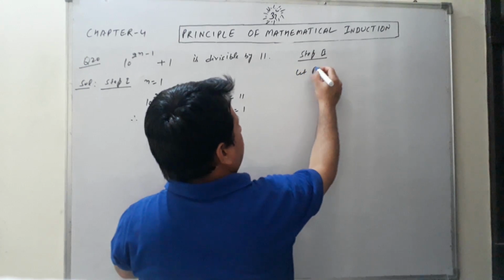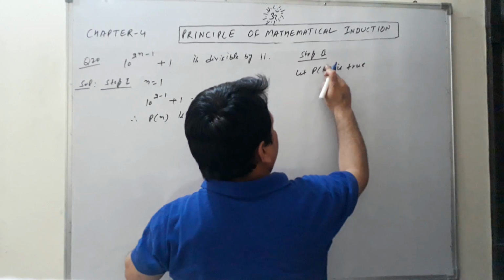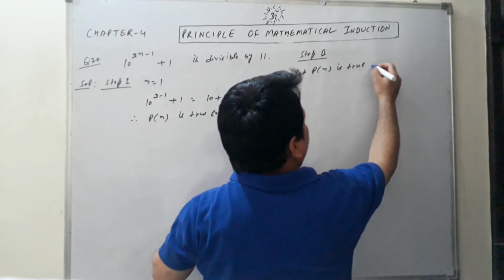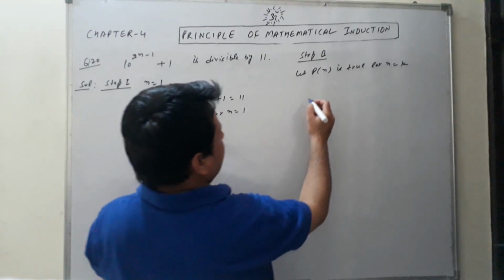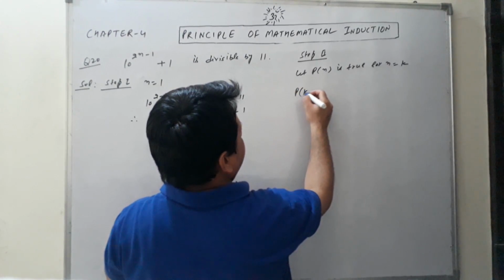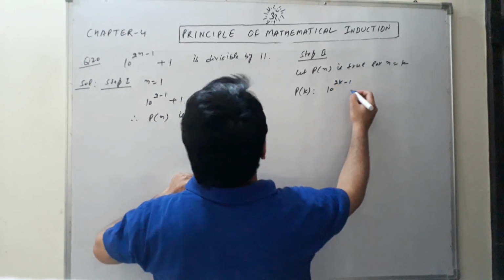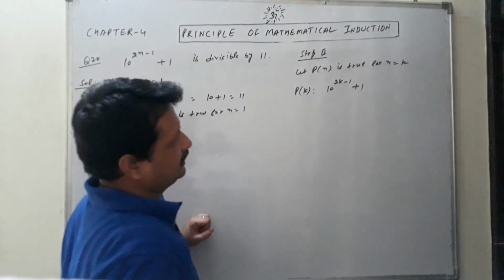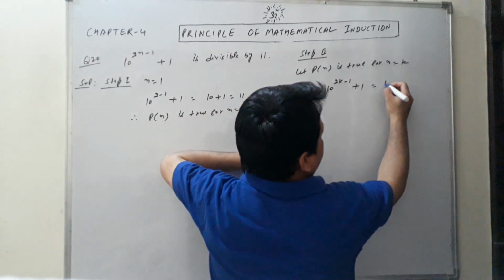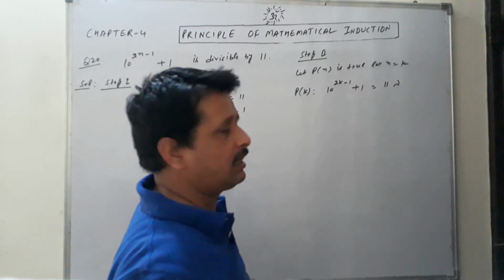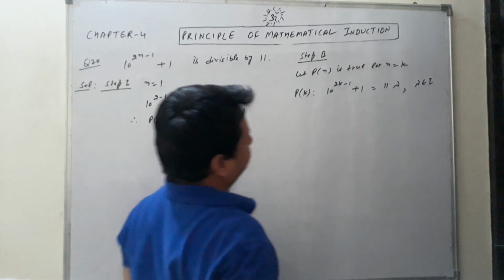Let P of k be true. Here we write P of n is true for n equal to k. So you will say that P of k, such that 10 to the power 2k minus 1 plus 1, we will let it be equal to 11 lambda, because it is divisible by 11, as earlier I have done in the last question, where lambda belongs to integer.